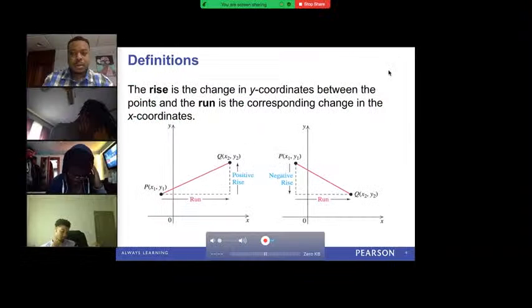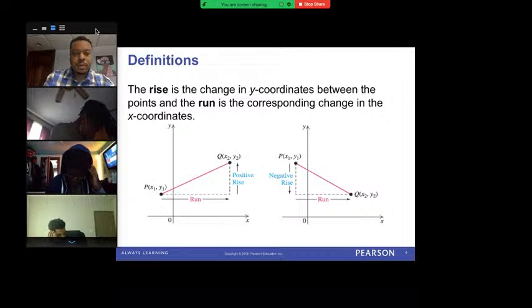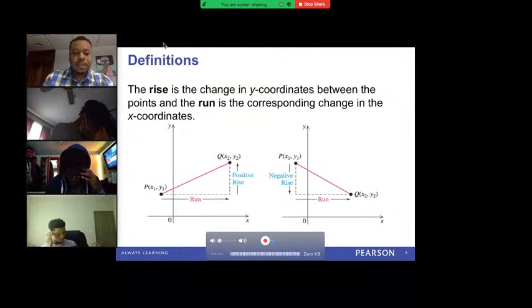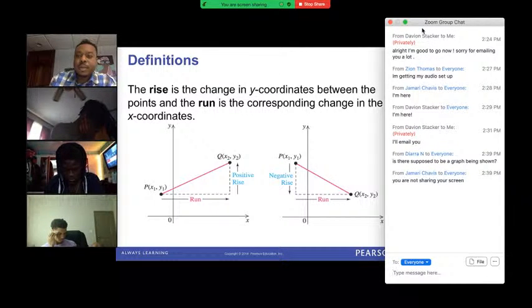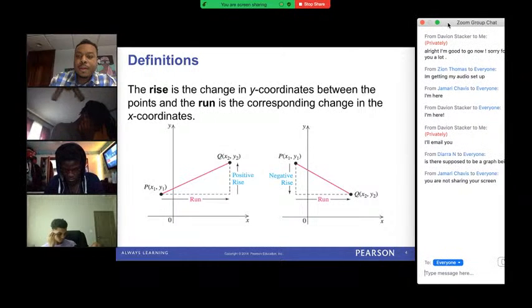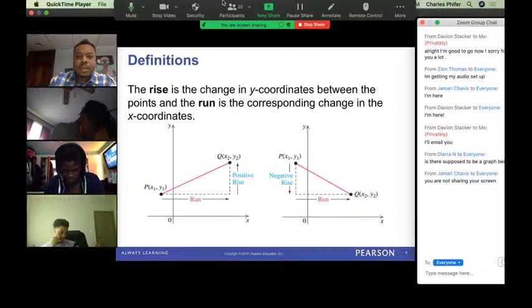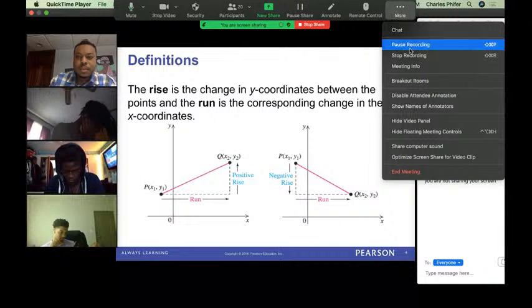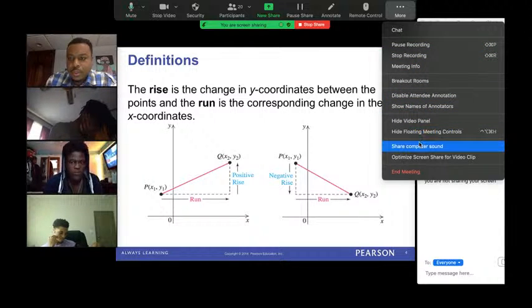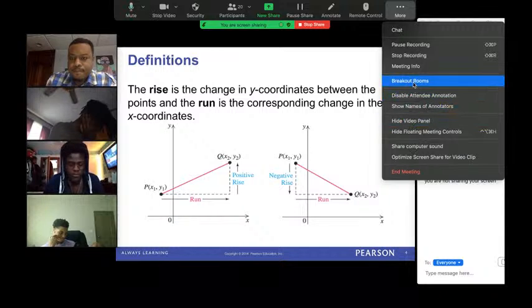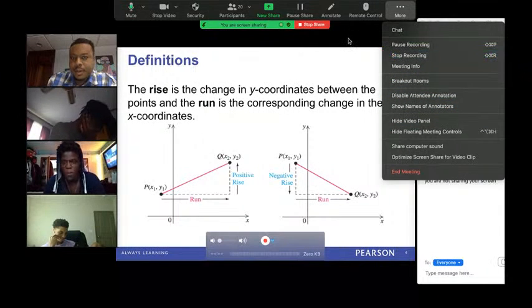What if I click here and then do that? I'm trying to pull up my chat window. There it is. Okay. Thanks for the update. Again, I am monitoring the live chat. There was something else I wanted to check. Let me go here to settings. Okay, I'm not going to worry about that.